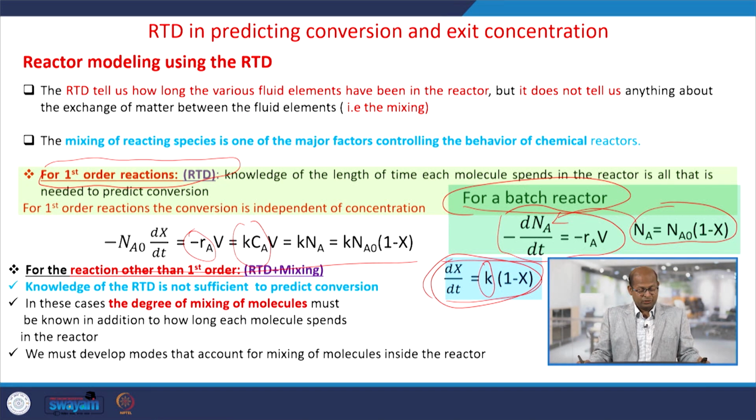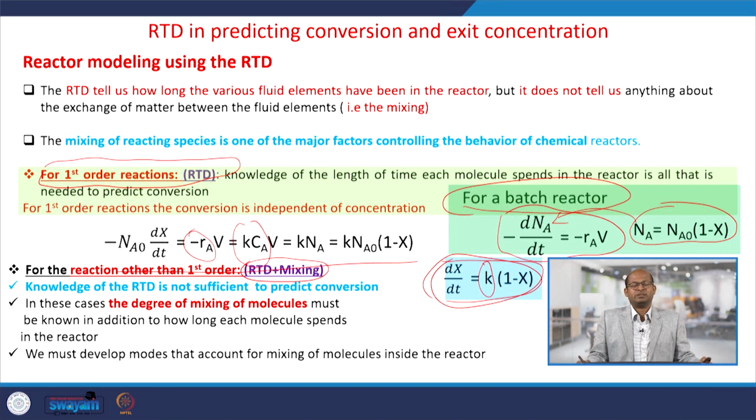So we know both the RTD and the mixing, that is, the degree of mixing as molecules pass through the reactor. Each molecule passes through the reactor. Say two different molecules pass through the reactor. If the two molecules come in contact and are properly mixed at a particular temperature, then reaction is possible.